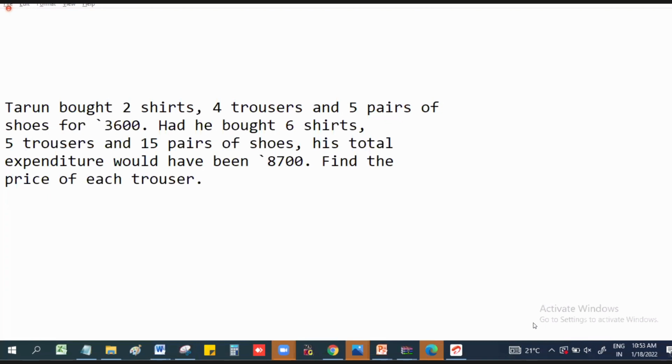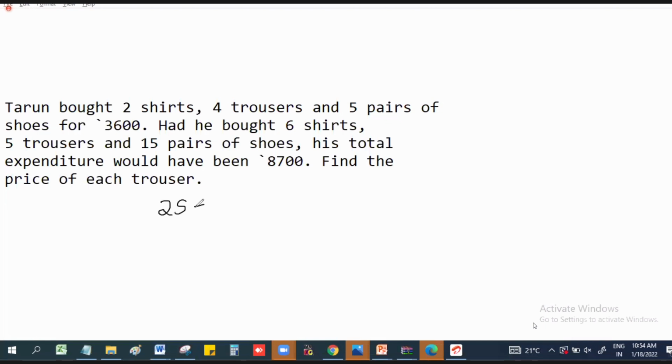A lot of people might think that with 3 variables and 2 equations, we can't solve the question. Not for all variables, you can't figure out all the variables.